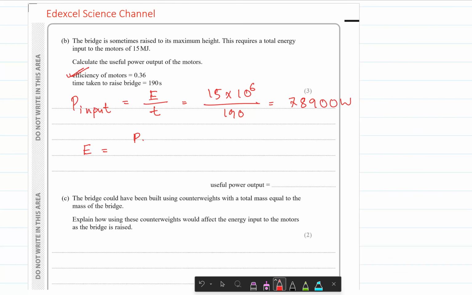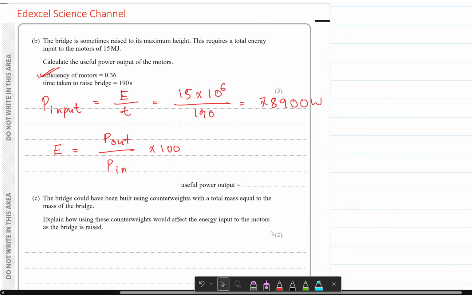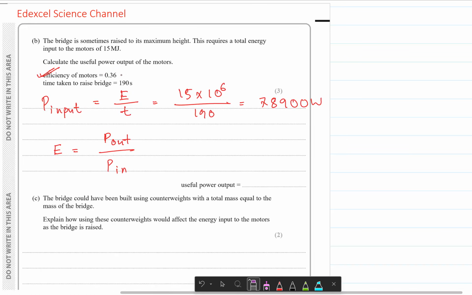Now, the formula for efficiency is useful power output divided by total power input times 100. But actually, we don't have to use the 100 here because they haven't given it to us as a percentage. If they gave us 36%, then I would have used 100.